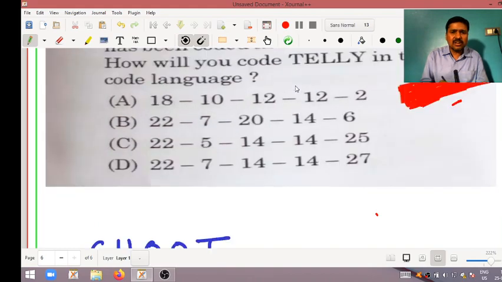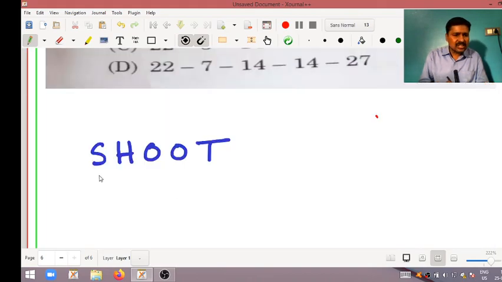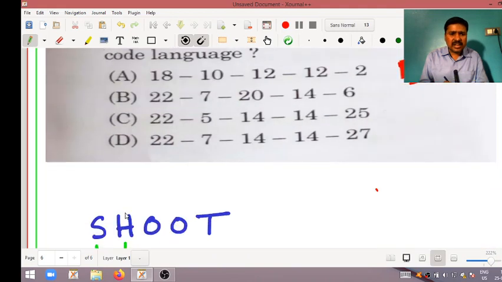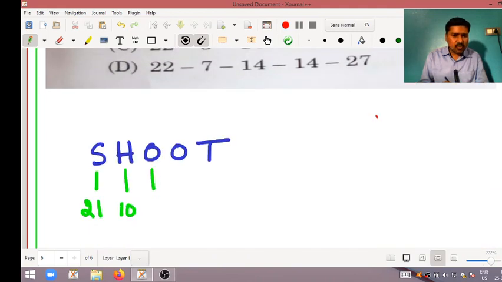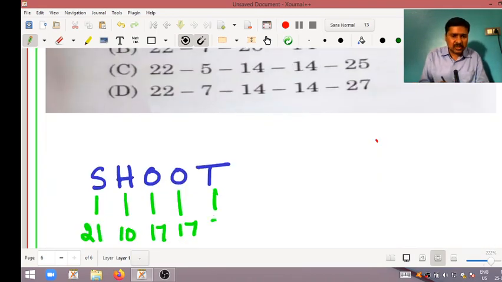That means S is coded as 21, H is coded as 10, O is coded as 17, again O is coded as 17 and T is coded as 22.